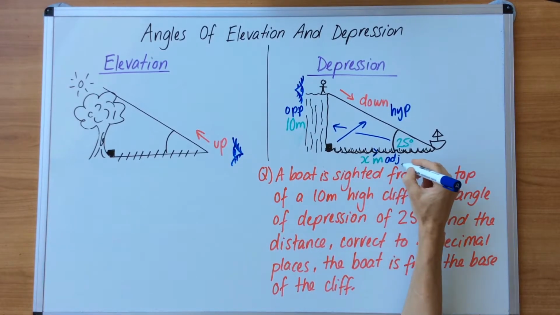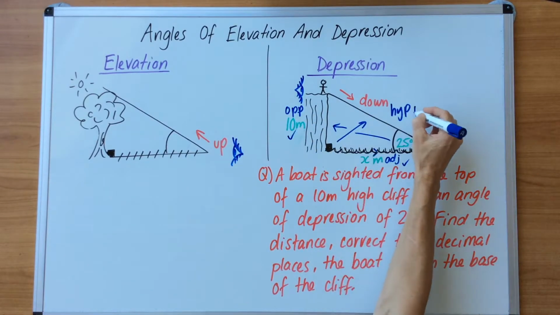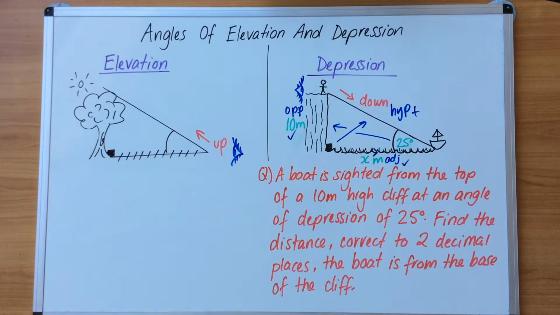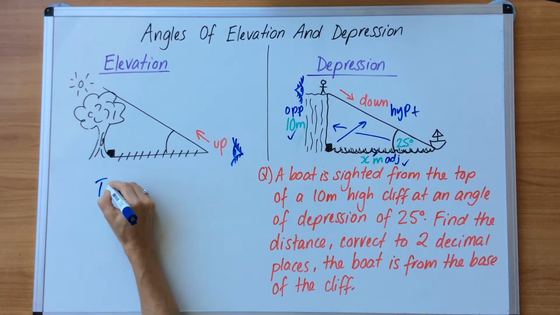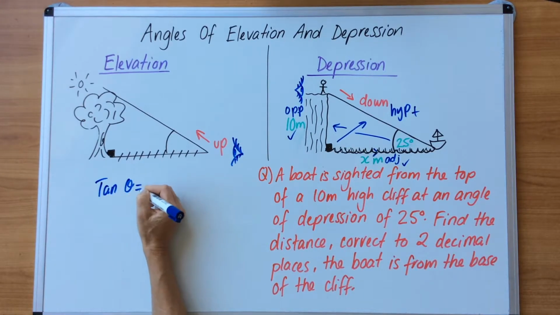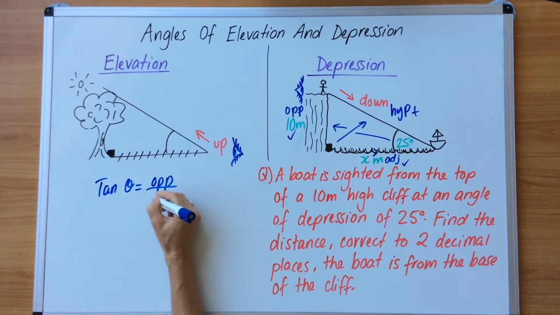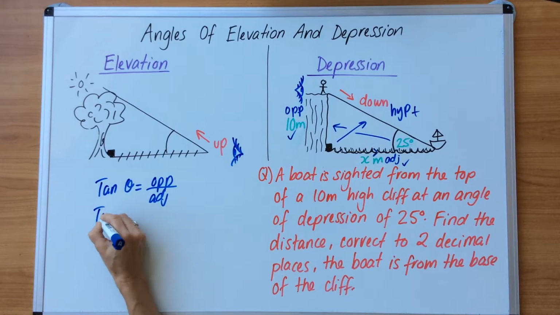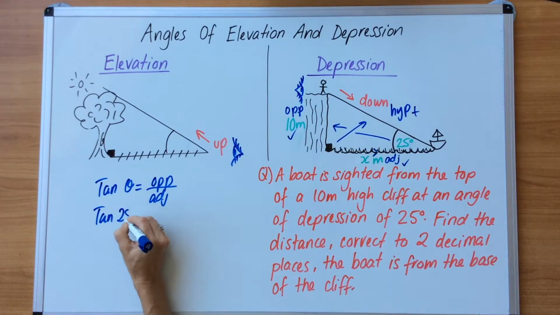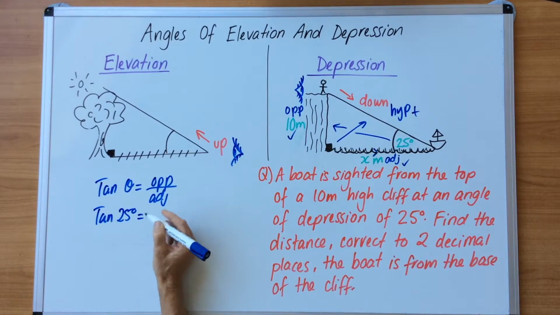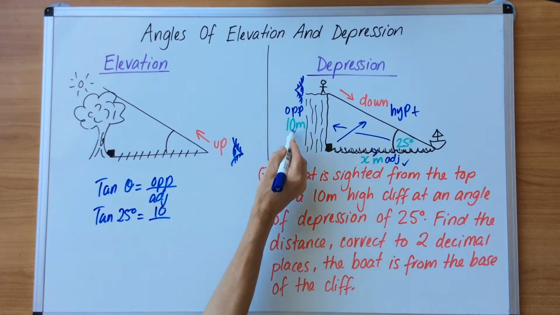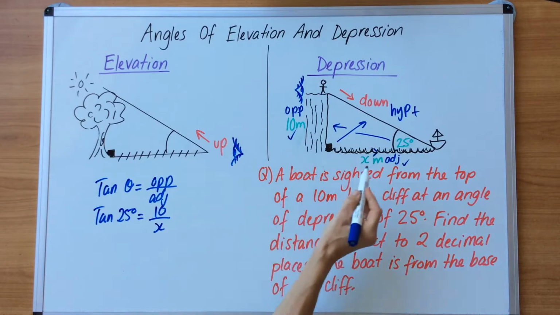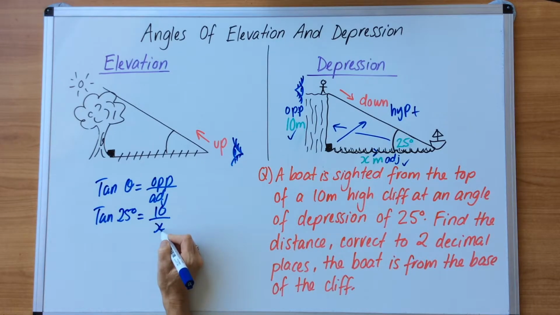I can see we've got an adjacent, an opposite, and no height. So it's a TOA, it's a tan. Let's write this down now. Tan theta equals opposite over adjacent. Now we are going to substitute in. So tan and the angle of 25 degrees equals, now 10 is our opposite and our unknown is a denominator, it's x.